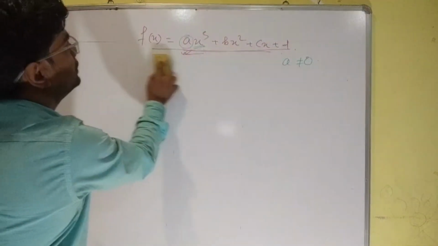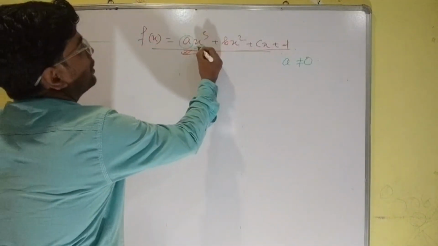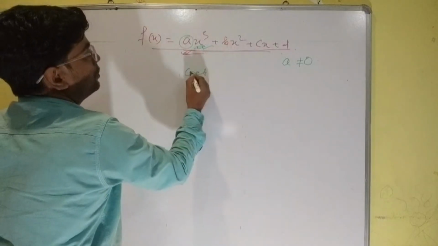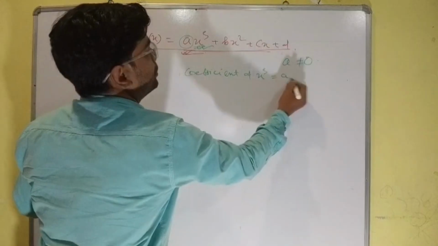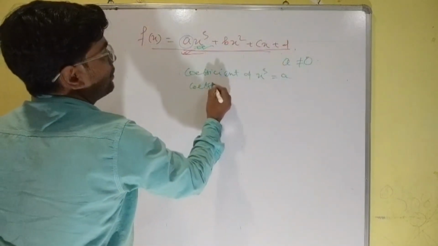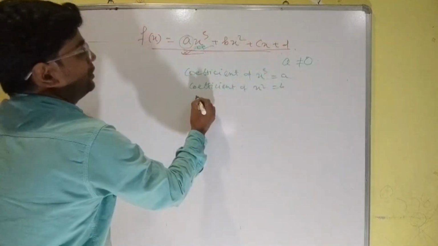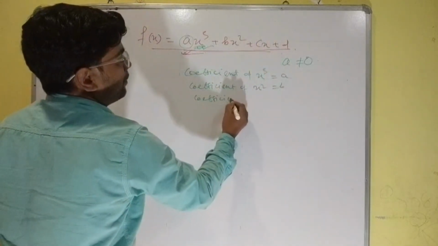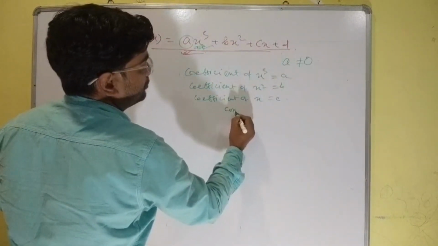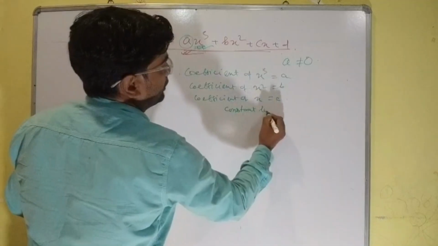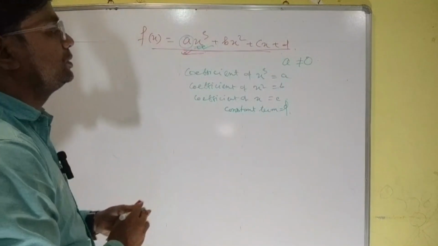See here, the coefficient of x cube is equal to a. Similarly, the coefficient of x square is b, the coefficient of x is c, and the constant term is equal to d.